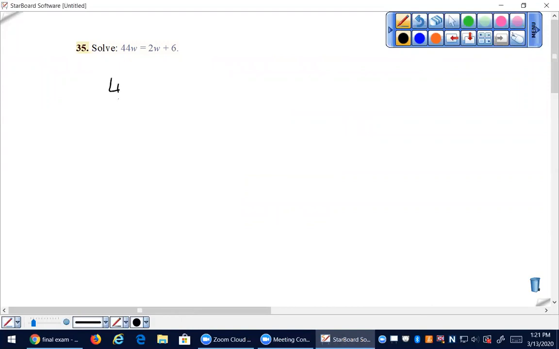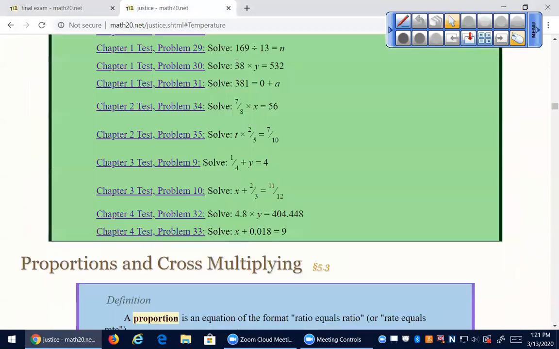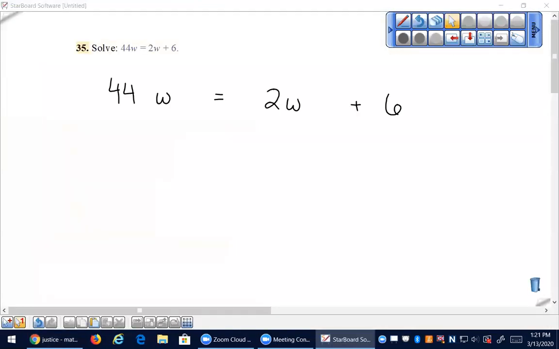This one was tiny. So 44W is 2W and 6 more. Imagine I have a balance scale. Remember our balance scale pictures? On one side of the balance scale, I have 2 of something and 6, and on the other side, I have 44 of those things.